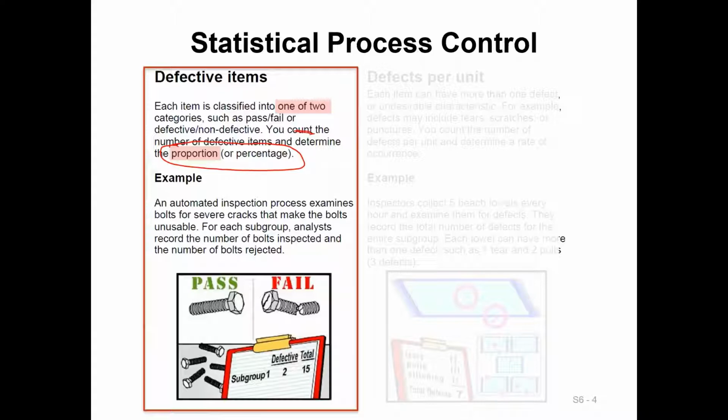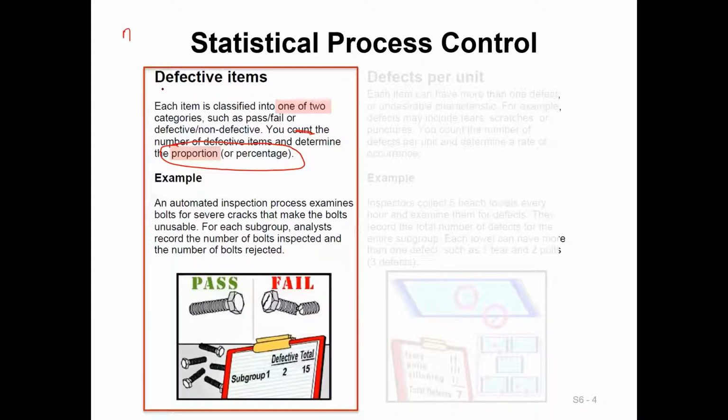Why are we assessing the defective items in terms of percentage or proportion rather than counting? The reason is because P-chart is going to apply when the sampling size is inconsistent. So when n is inconsistent, you cannot count.